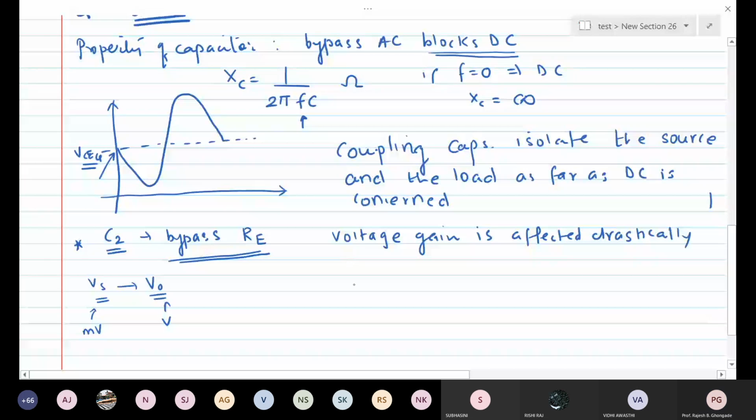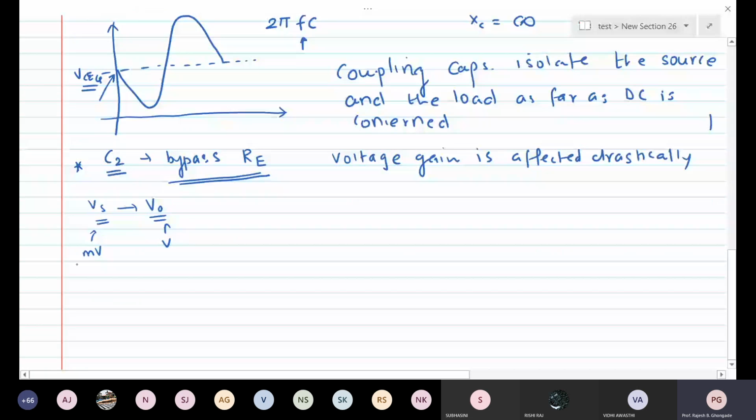Okay. Sometimes we have partial bypassing of RE also, but we won't go into that scenario. All right. So let us see another important concept, and that is the common emitter AC equivalent circuit.